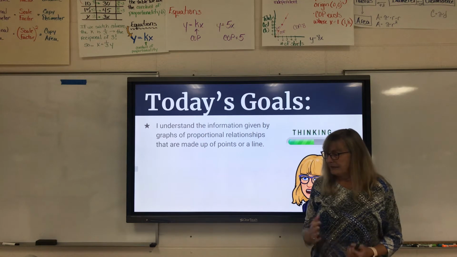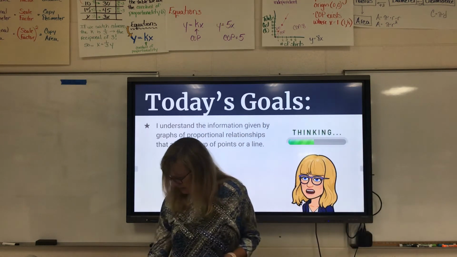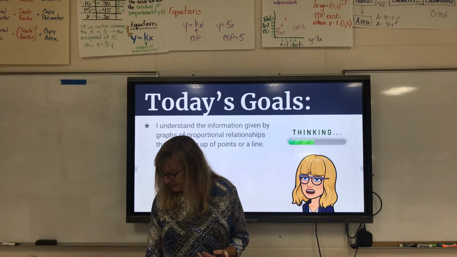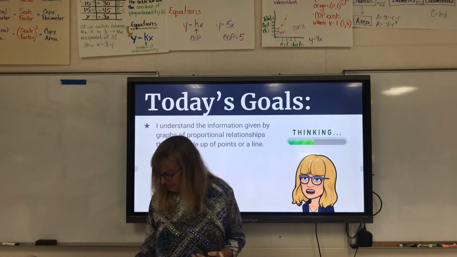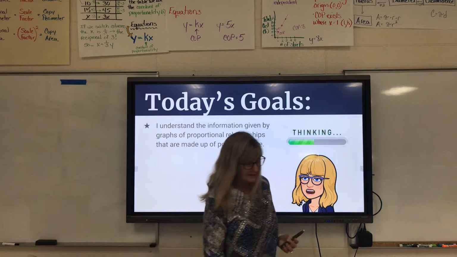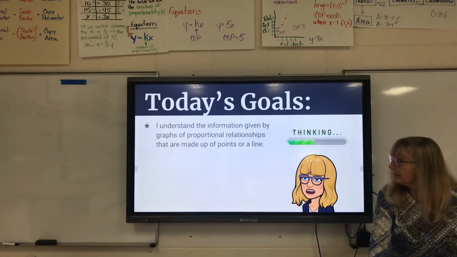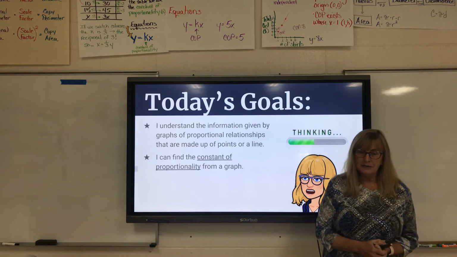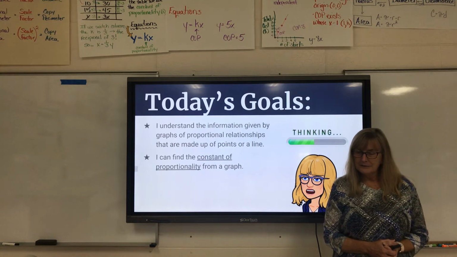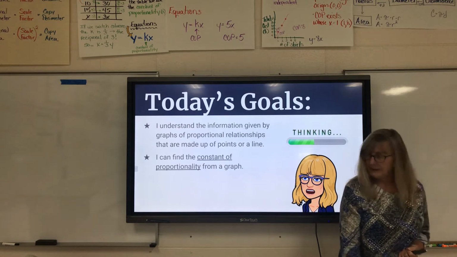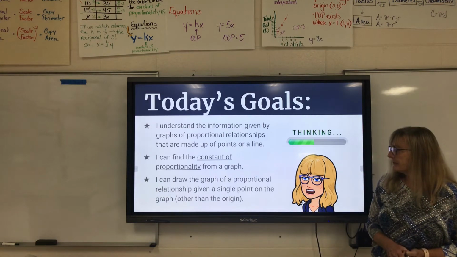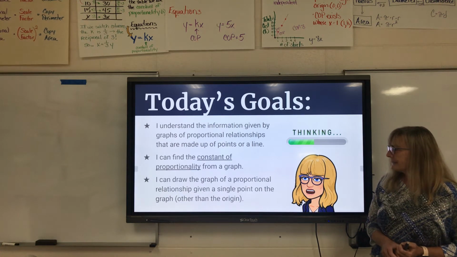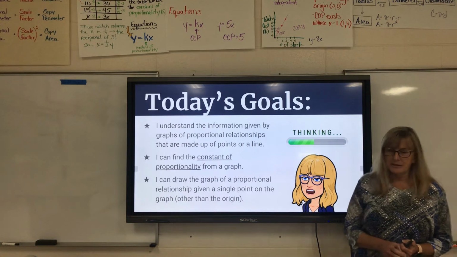You did one that was a line, and then one that they talked about being points. I can find the constant of proportionality from a graph. And the last one is I can draw the graph of a proportional relationship given a single point on the graph other than the origin.